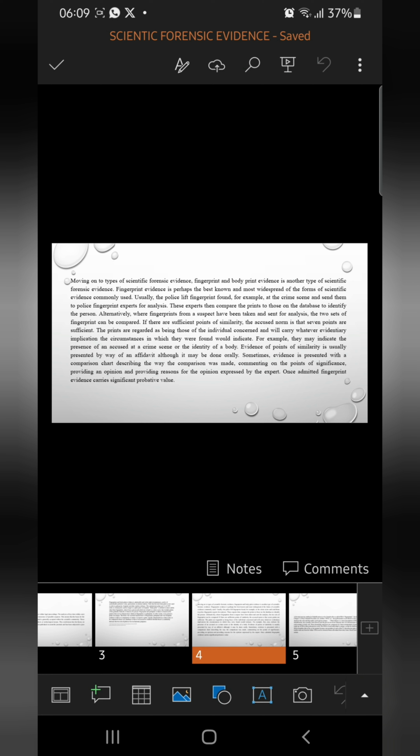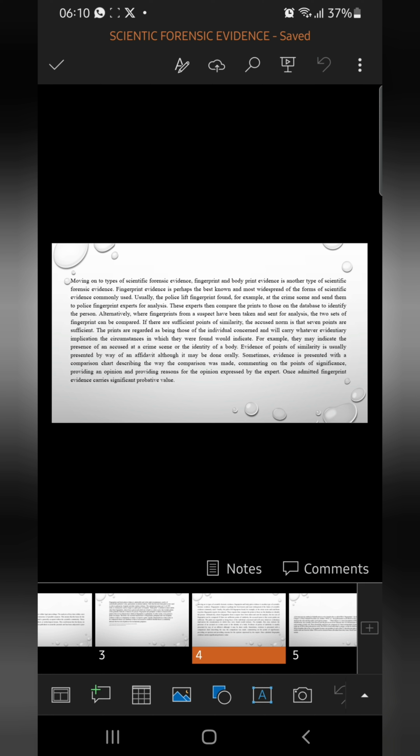Fingerprint and body print evidence is one type of scientific forensic evidence. Fingerprint evidence is perhaps the best known and most widespread of the forms of scientific evidence commonly used. Usually, the police lift fingerprints found, for example, at the crime scene and send them to police fingerprint experts for analysis.